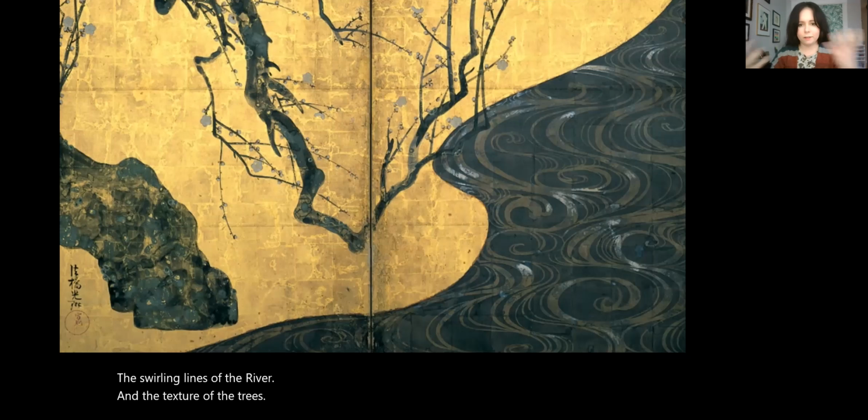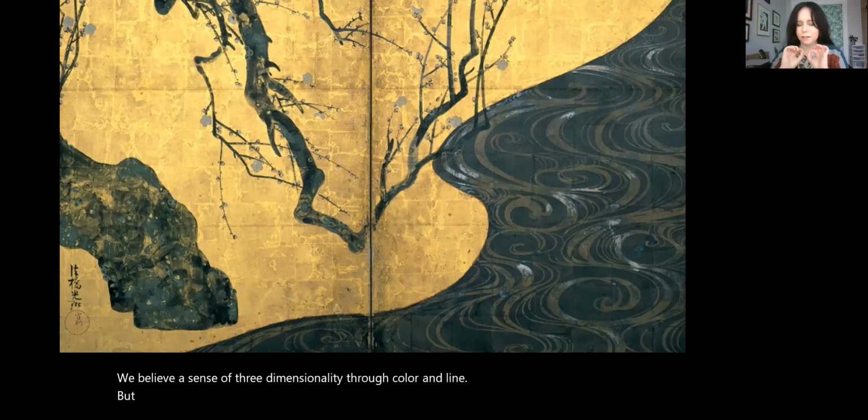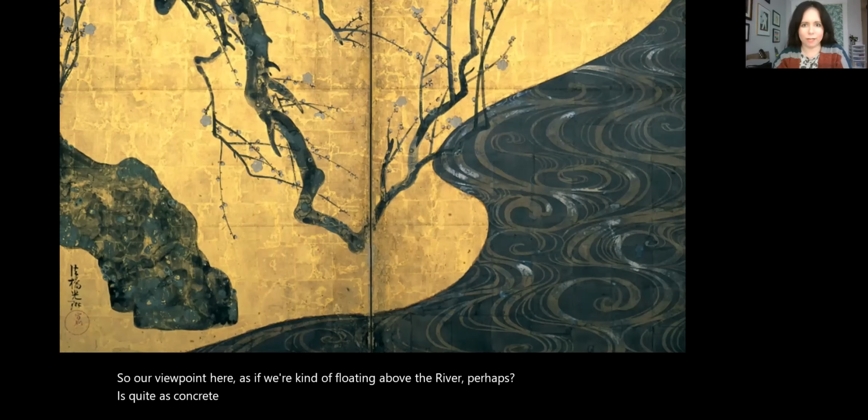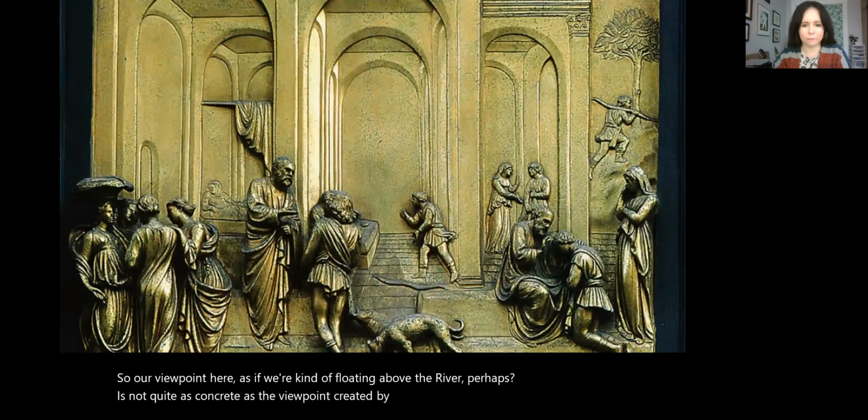We believe a sense of three-dimensionality through color and line, but it's not particularly linear or atmospheric perspective. So our viewpoint here, as if we're kind of floating above the river perhaps, is not quite as concrete as the viewpoint created by linear perspective.